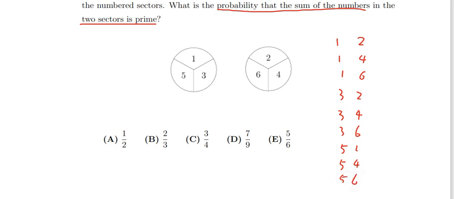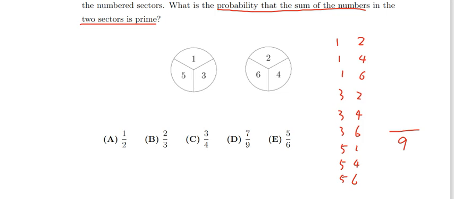So totally how many cases? We just count each one. We have all possible outcomes: 9 of them.